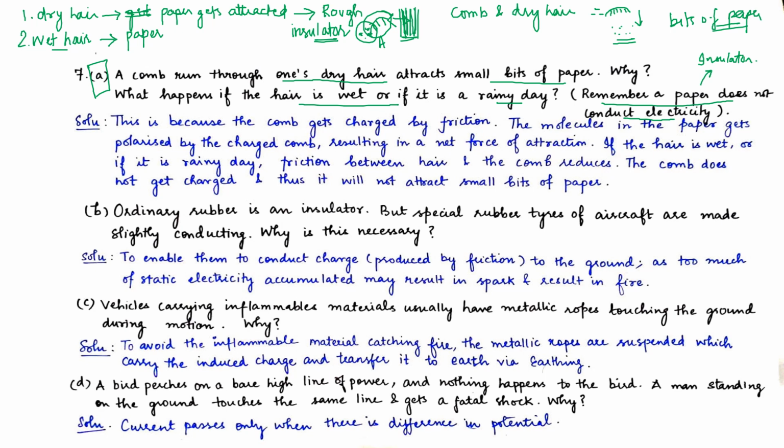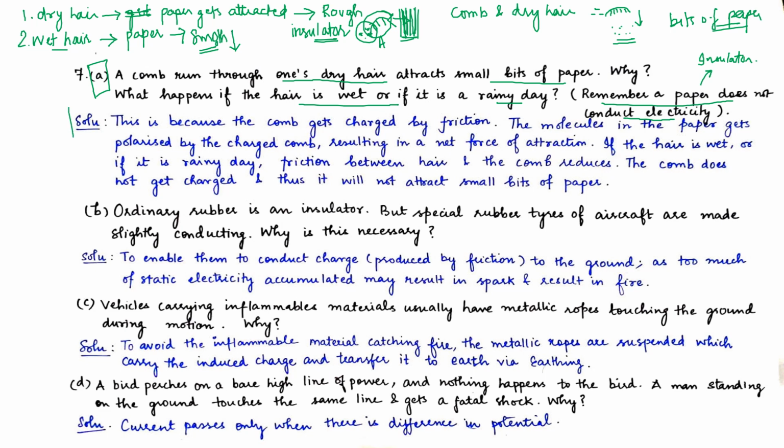Now when we see the case of wet hair, wet hairs are basically smooth. So when we run a comb through these smooth hairs, there is no friction generated and hence no charge is generated on the comb, and therefore a comb which is run through wet hair will not attract the bits of paper.